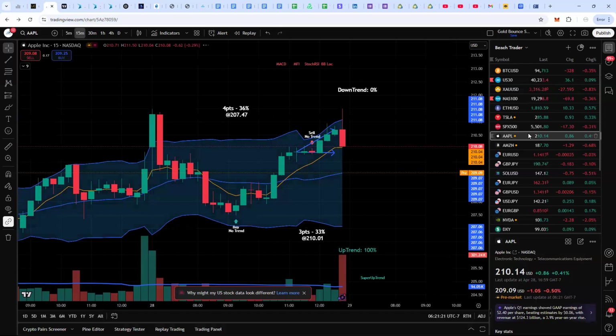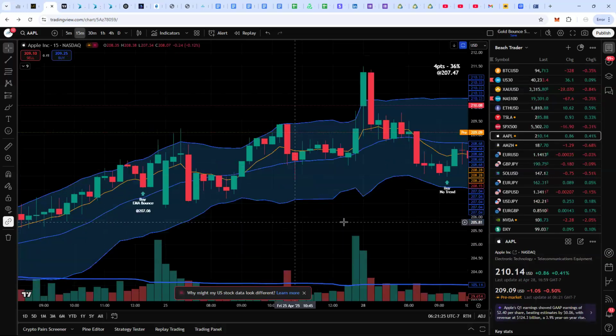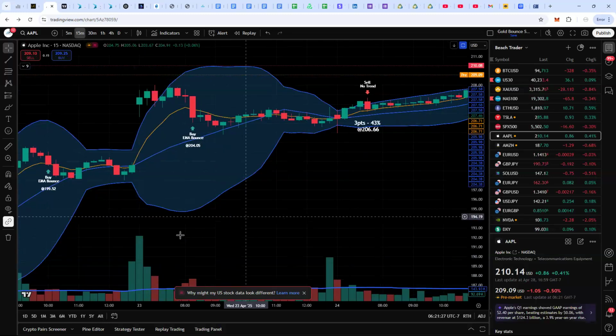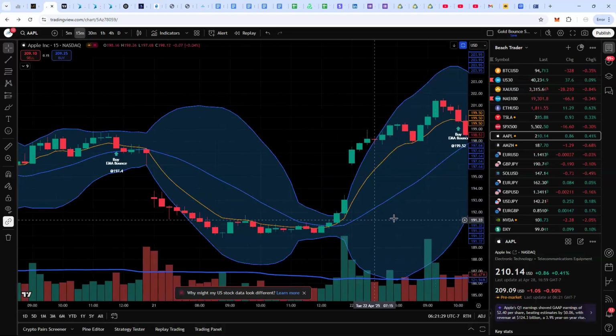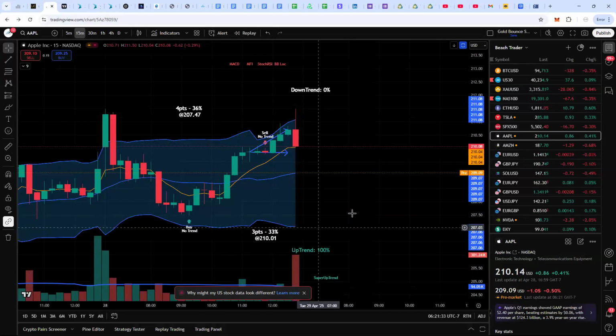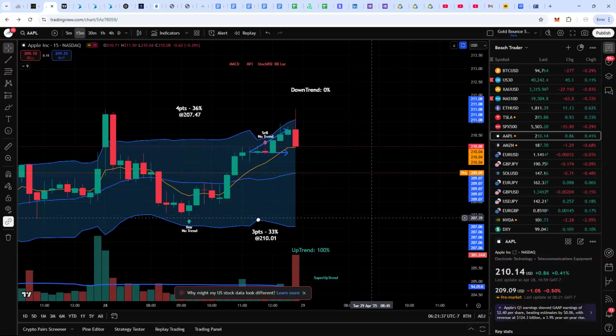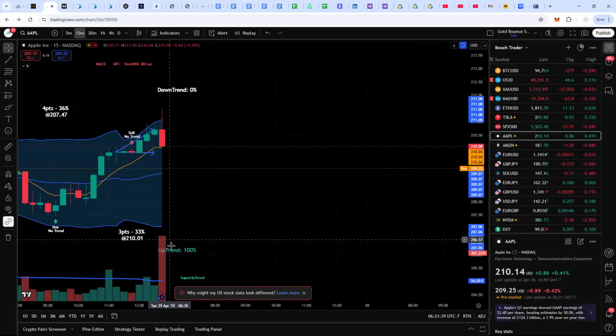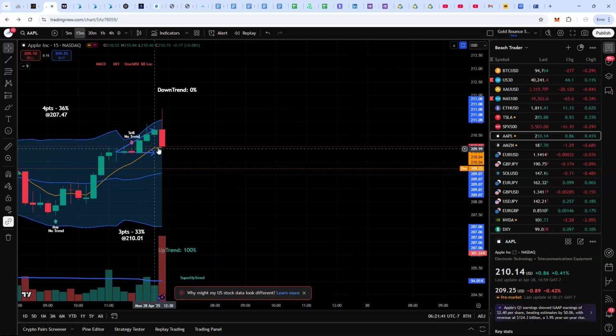All right, let's see. Apple. Apple's been going straight up also. I really like Apple. Apple hit right here. It's going to start out lower. It's in 100% uptrend, super uptrend. If we can get it down here, that would be a great buy on Apple.